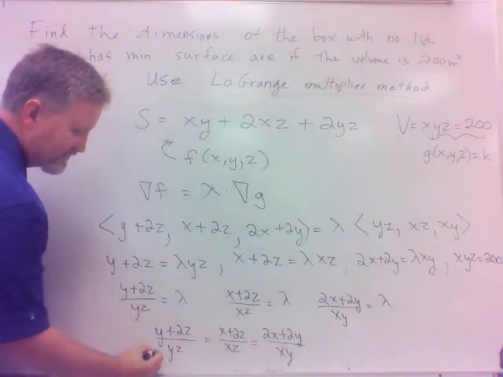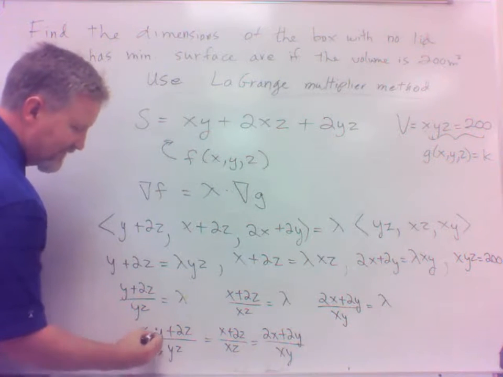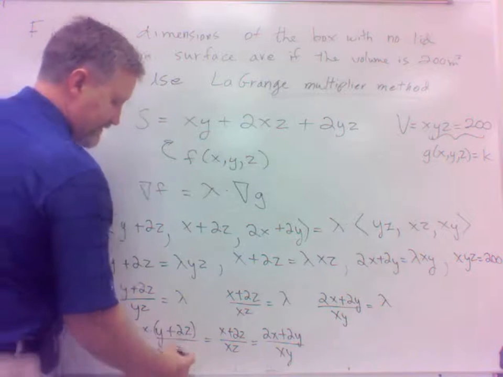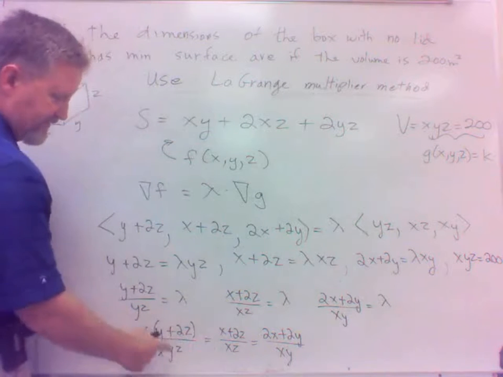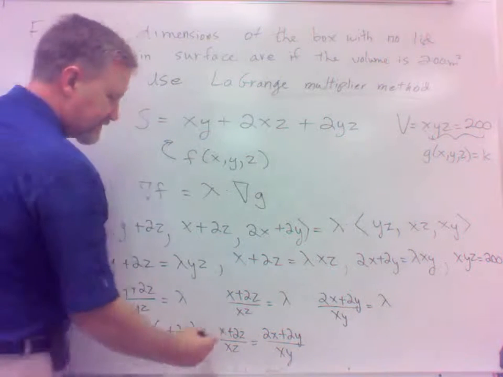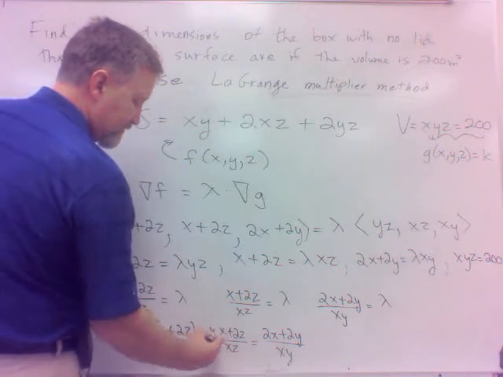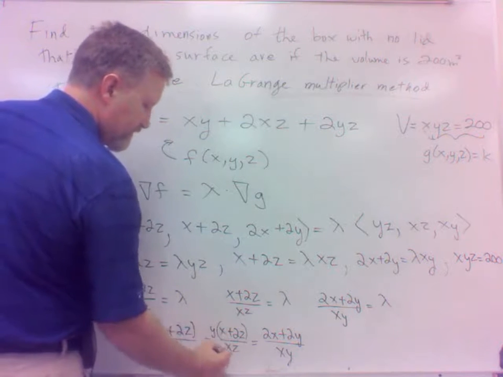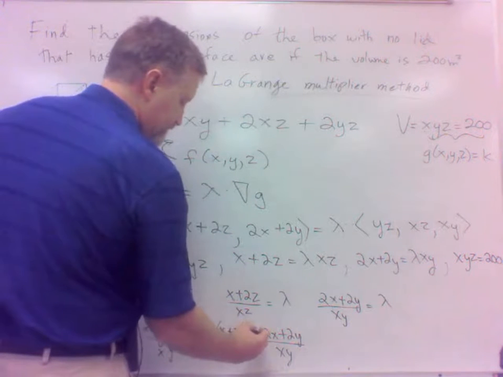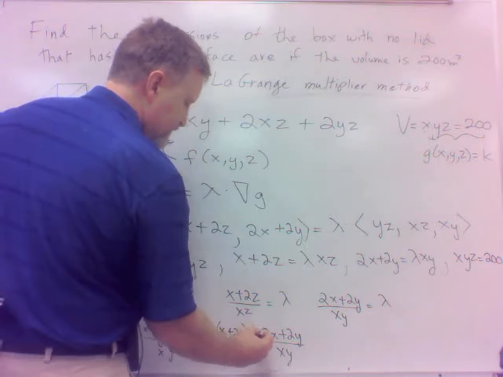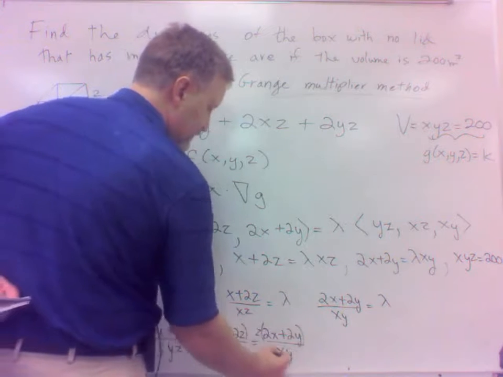So multiply this one by x on top. That's x over x, so that doesn't change anything. This one needs a y, so we'll multiply top and bottom by y. And then multiply this one by z.